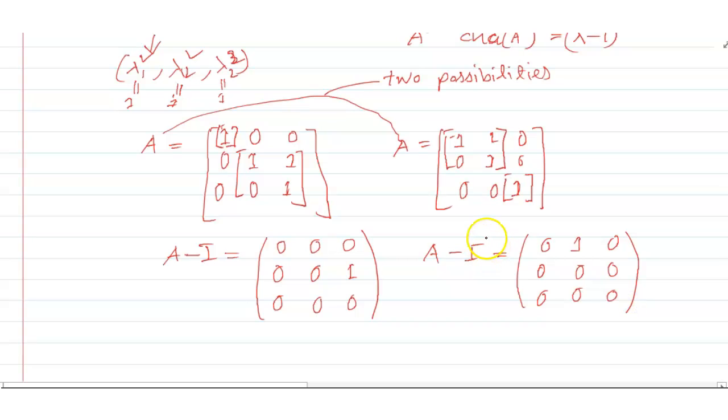So friends, if you square, in both cases this is a nilpotent matrix. So A minus I is nilpotent. If you square this, you get 0 in both cases, and this is the zero matrix.